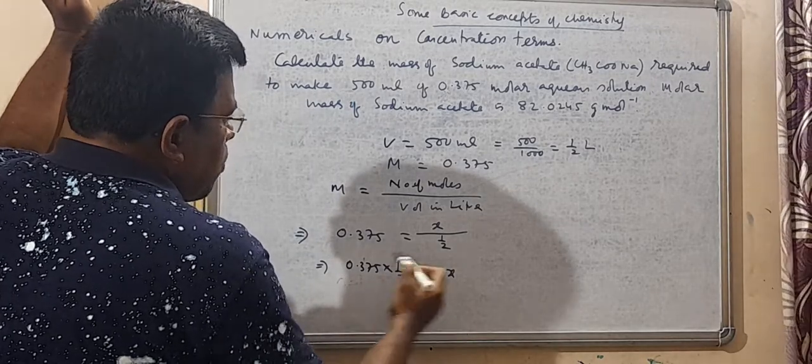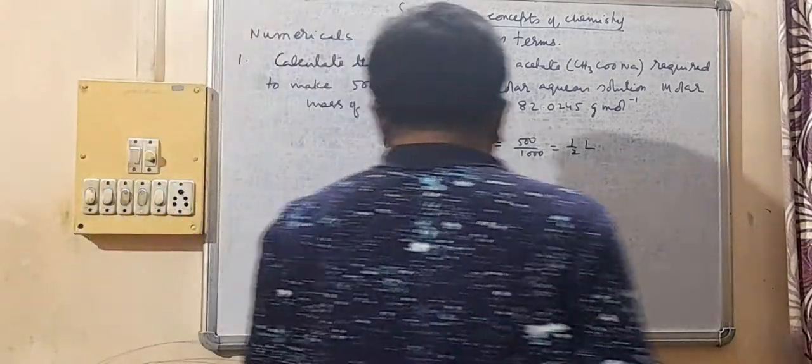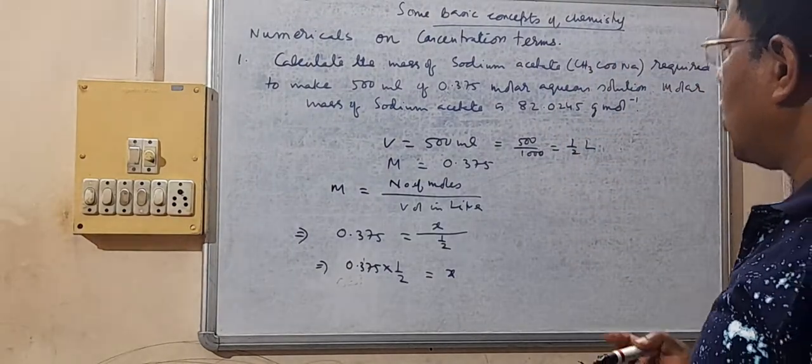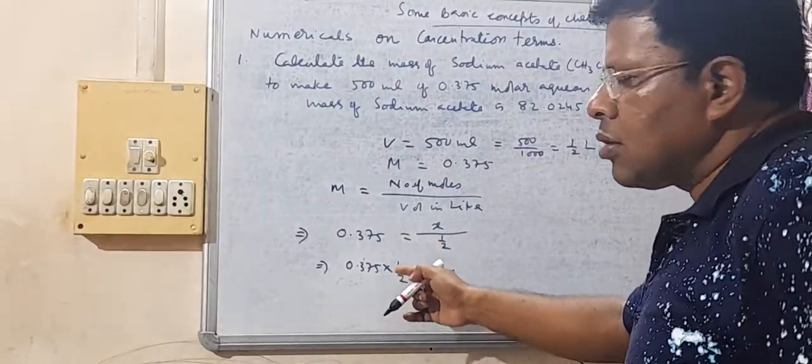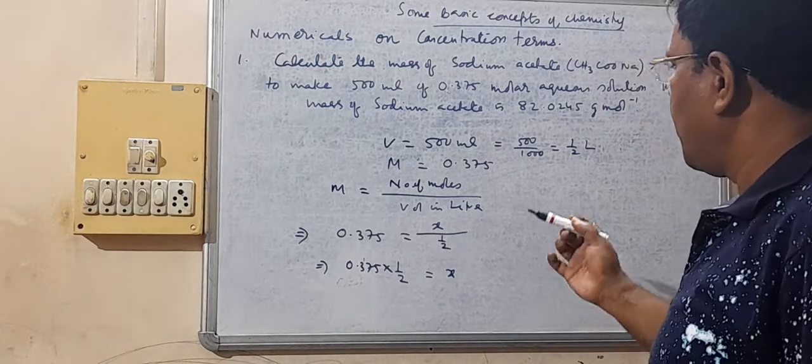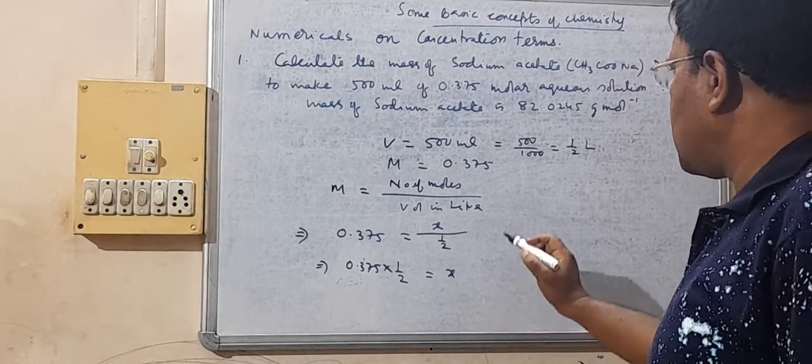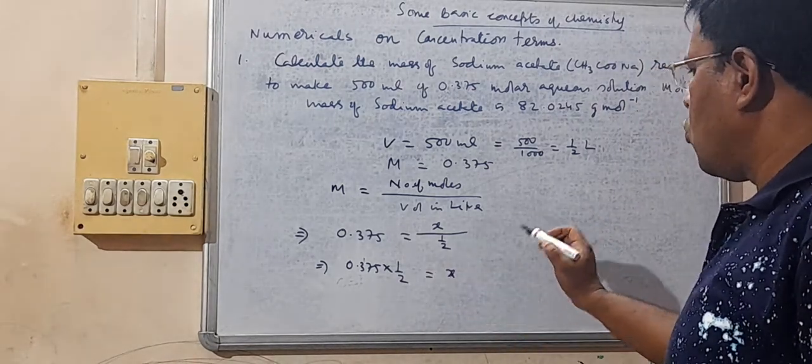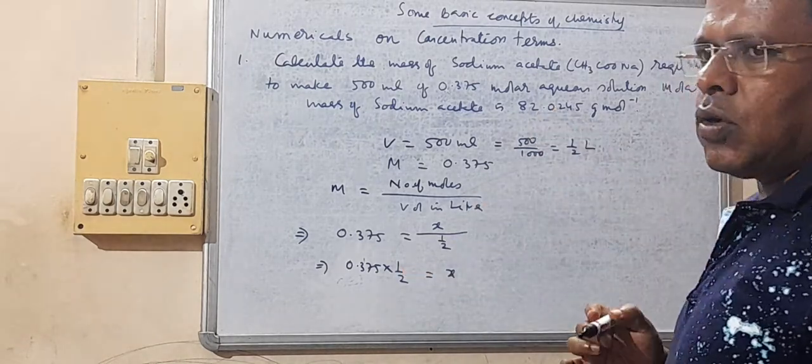So this is the number of moles we get, and to convert moles into grams, you have to multiply moles with its molecular mass.